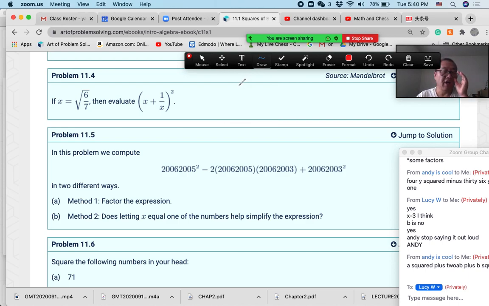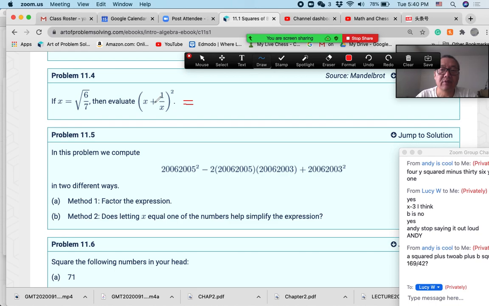Okay, actually you have 2 ways to solve this problem. One way, you can expand this square of binomial.